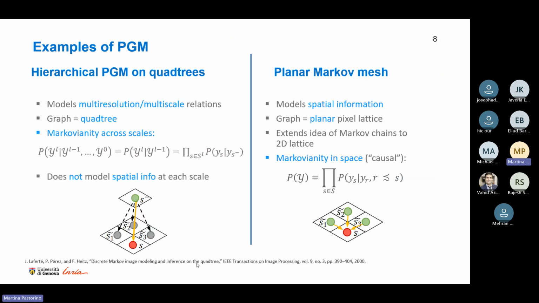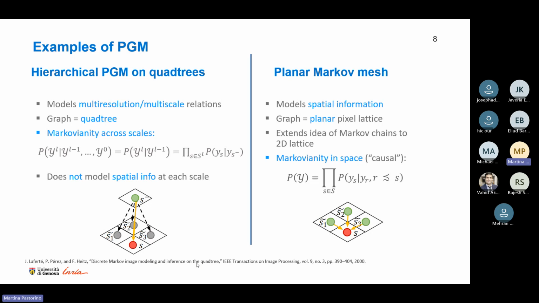These are two examples of different graph structures representing different dependency structures. So on the left, we have hierarchical probabilistic graphical models on quad tree. What's a quad tree? It's basically a pyramidal tree in which each layer is double the previous one. So it's a regular pyramidal tree.